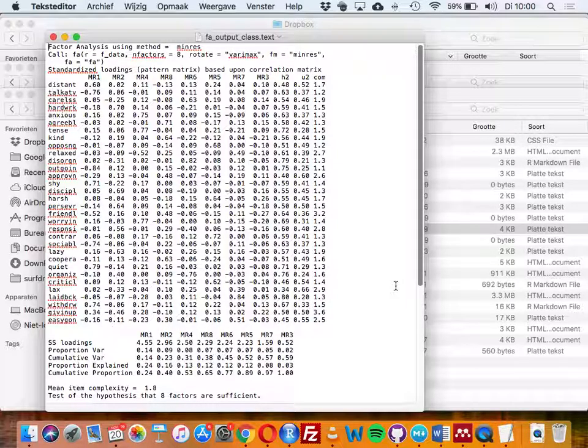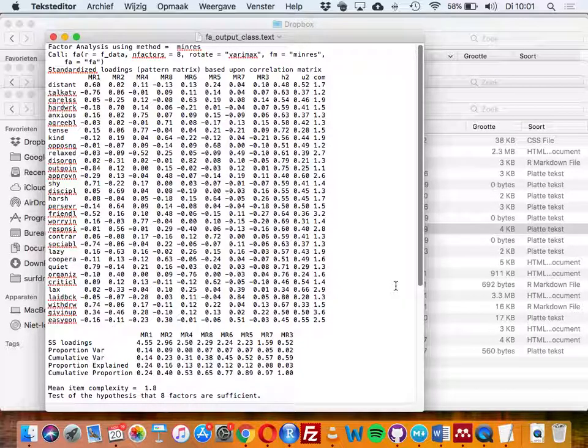The H2 and the U2, so here we have communality, and that's a measure of uniqueness and a measure of loading as well. So don't worry too much about them. What we care about most is how much variance do they explain. So these are loadings in terms of eigenvectors, but this is basically the proportion of variance and how much additional variance do you explain.